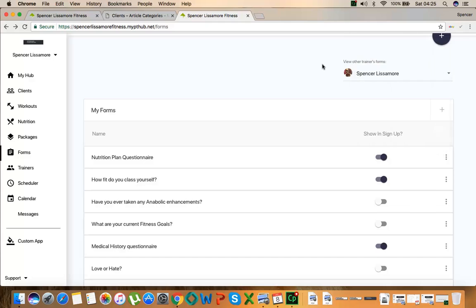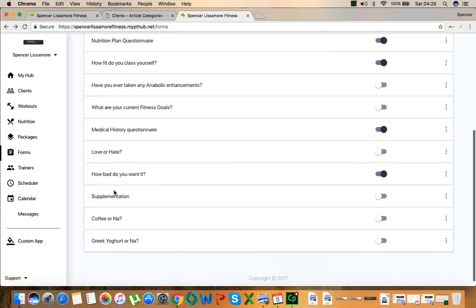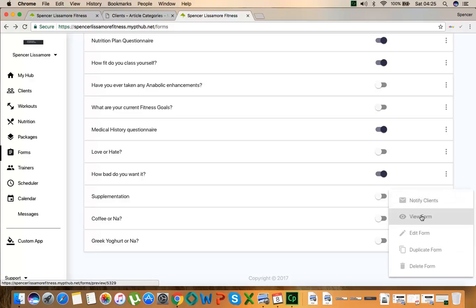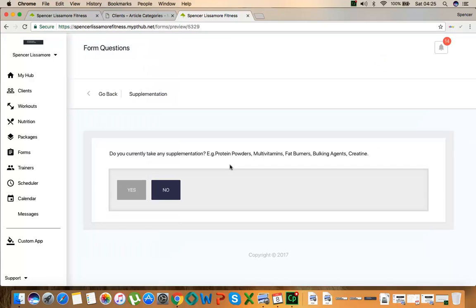Lovely. Coffee or nah, Greek yogurt or nah, supplementation, always important. I assign people to help get their proteins up, protein powders, whether they're taking any current multivitamins. People come to me with bad joints, or they've always had bad joints, and I say, have you ever considered an omega-3-6-9 cod liver oil?